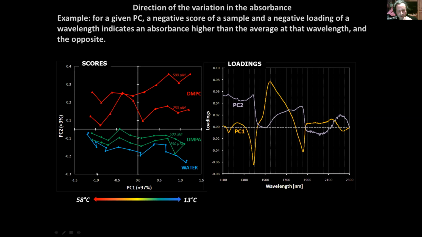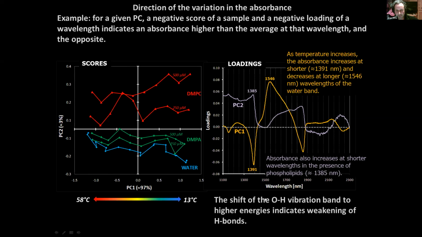If we go to the loading plot and look for those wavelengths that have negative loadings, let's say this one around 1,391, we can ascertain that these samples show the highest absorbance at this wavelength. In other words, this is the wavelength at which the absorbance increases most and corresponds to these samples.